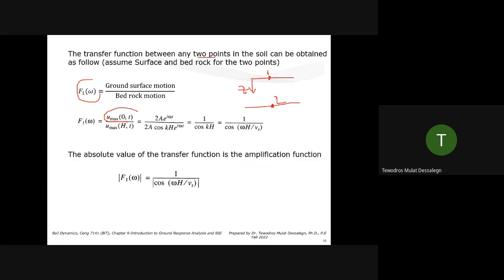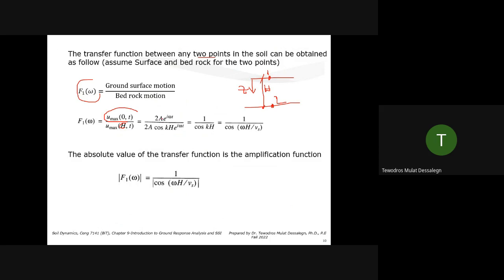The displacement at 0 Z and at H, where H is the thickness. So we are getting the displacements at the ground surface when Z is 0, and then at the bedrock. You can find this at any depth.